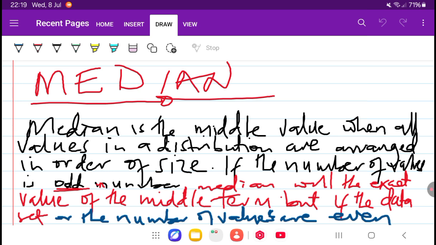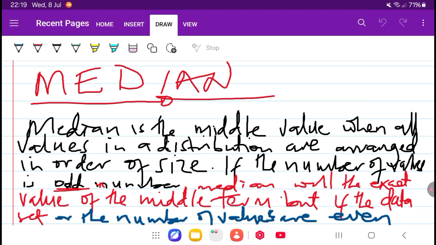Even numbers we know those are 2, 4, 6, 8, 10, 12. Those are the even numbers. Odd numbers we know it is 1, 3, 5, 7, 9, 11, and so on.